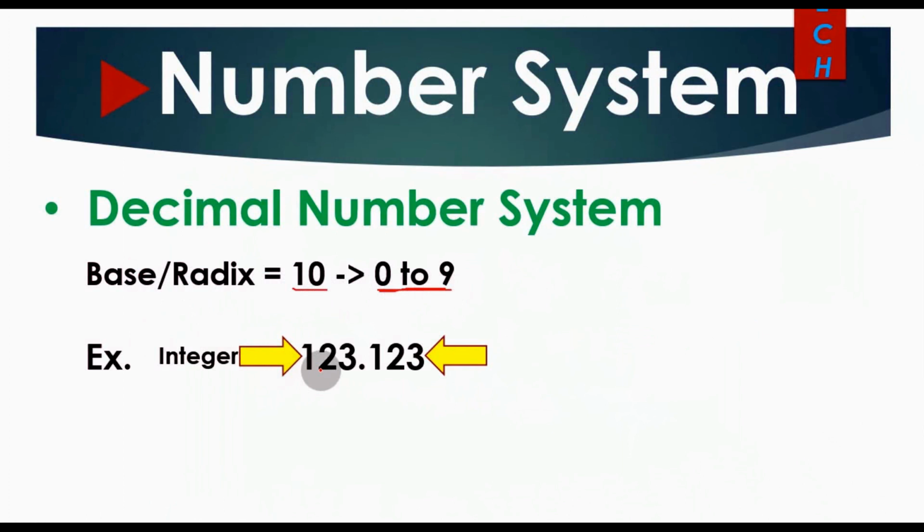So you can see this is 123.123. This is basically a decimal number system of base 10, right? 123.123 of base 10. The left side of the decimal point is called the integer part, and the right side of the decimal point is called the fractional part.